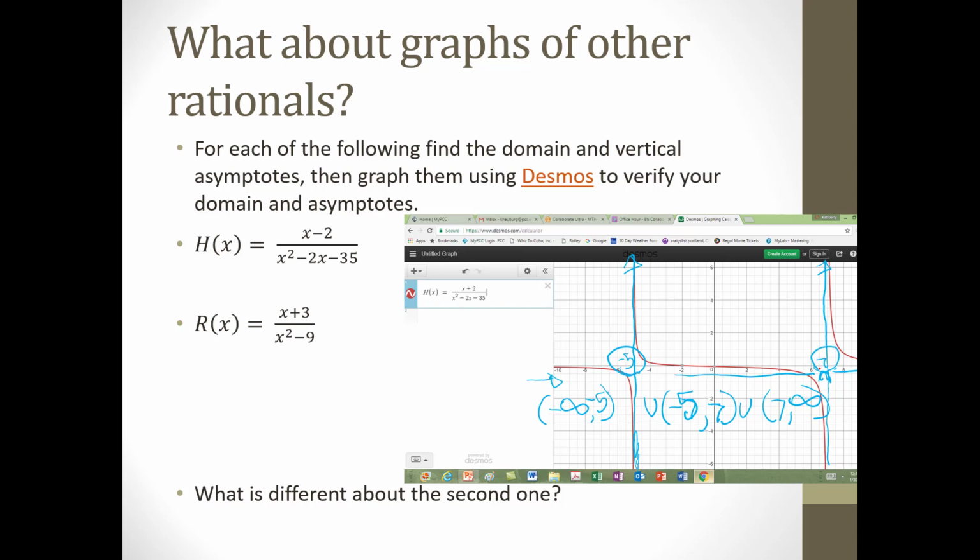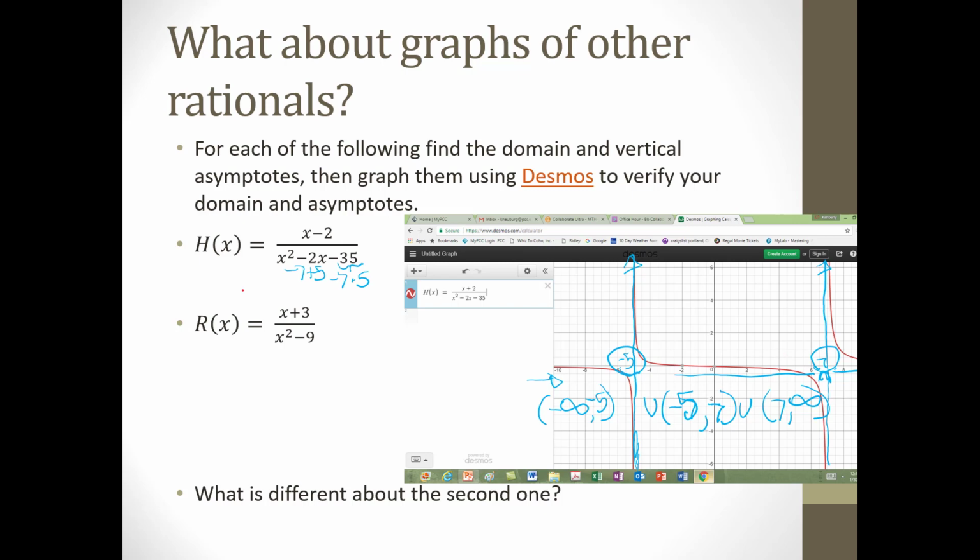Now let's take a look at our equation here. If we were to factor this, two things that would multiply to get -35 and add up to -2 would actually be -7 and 5. So that gives you a -35, and -7 plus 5 would be your -2. Notice those numbers are the opposite signs of what we have on the graph.